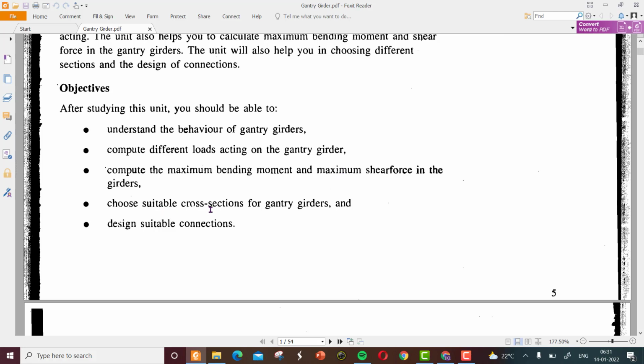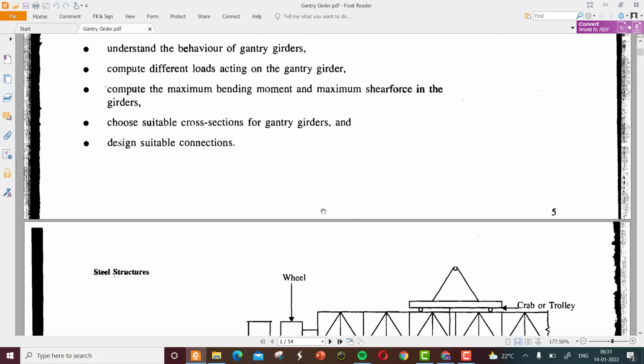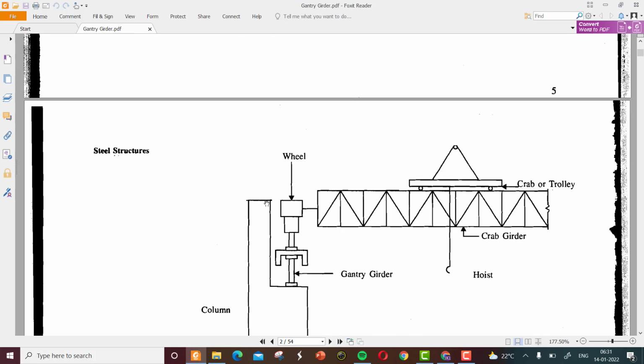Choosing the suitable cross sections of the gantry girder and designing the suitable connections, the last two portions, are covered in the class of design of steel structures. So we are supposed to concentrate mainly on finding the bending moment and the shear force due to these particular loading conditions.